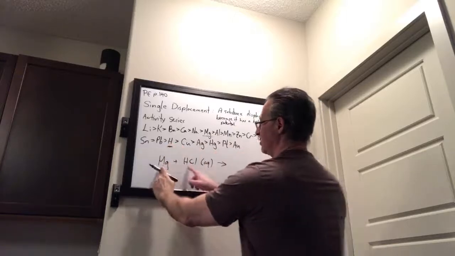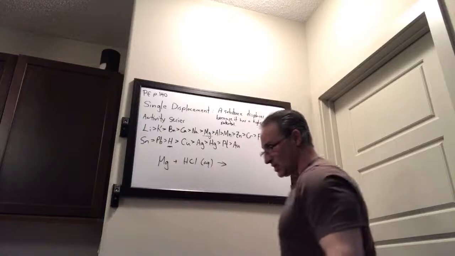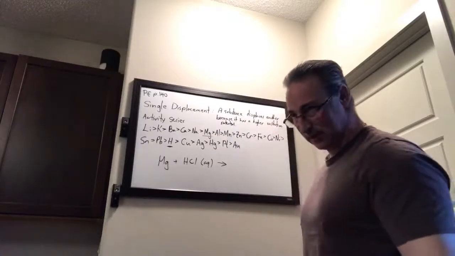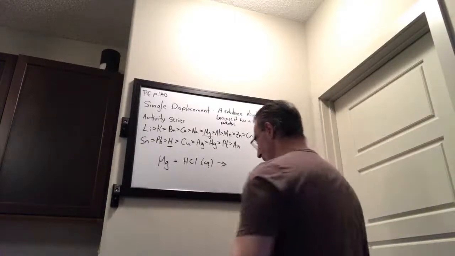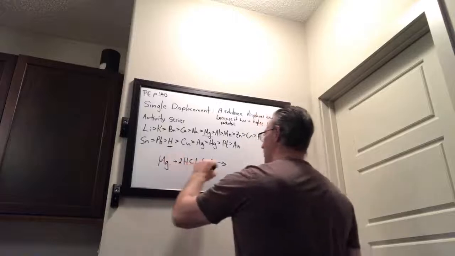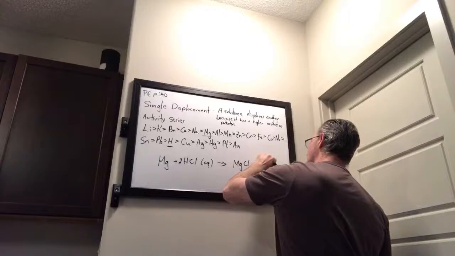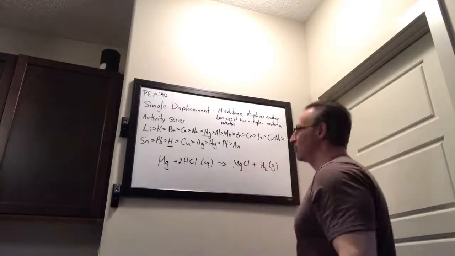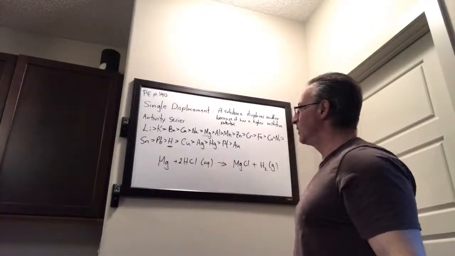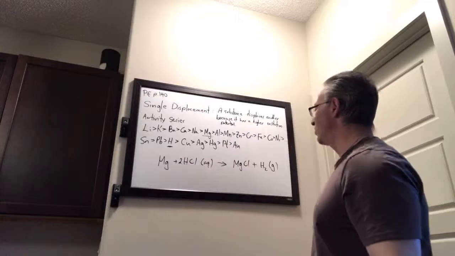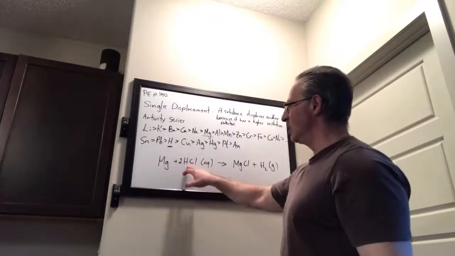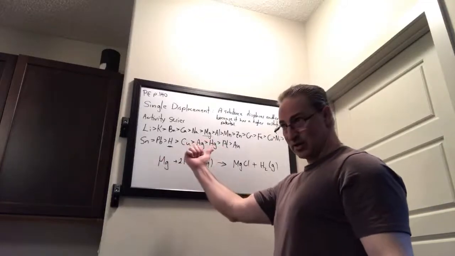That's what's going to switch places in a single displacement, the metals or the metal-like substances, and you're going to get MgCl2, and hydrogen is going to bubble out in the form of a gas. So that's typical whenever you mix an acid with a reactive metal, you get hydrogen gas forming because the hydrogen is being reduced. The magnesium is giving its electrons to the hydrogen.